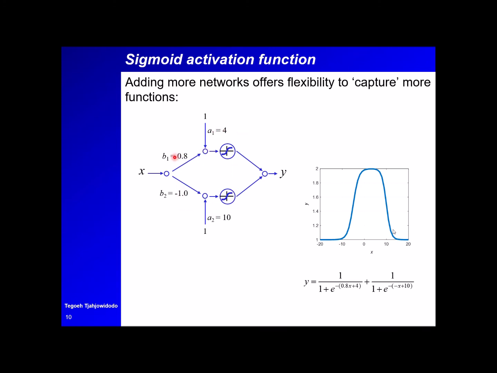So the W naught are different, the W1 are also different. With this arrangement with certain weightages, I can have another shape of function, something that I will not be able to capture with just a simple linear regression function.